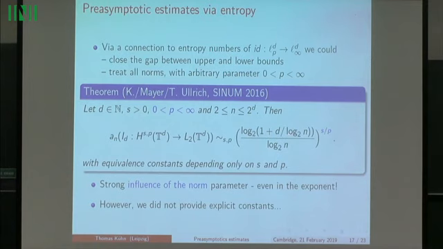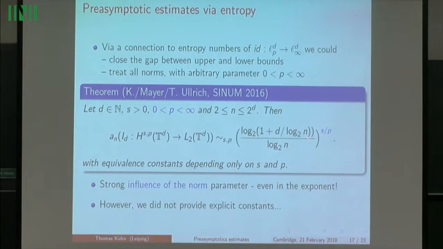This is the correct order, to the power s over p. But this holds up to equivalence constants depending on s and p, and we did not really figure out the exact constants. But what is interesting to see is the strong influence of the norm parameter. This appears here even in the exponent of the logarithm.